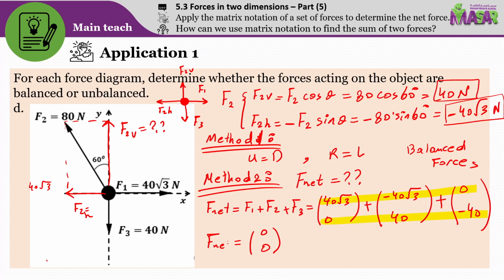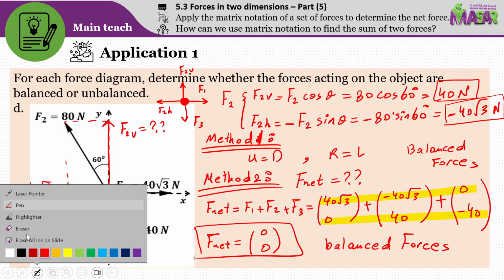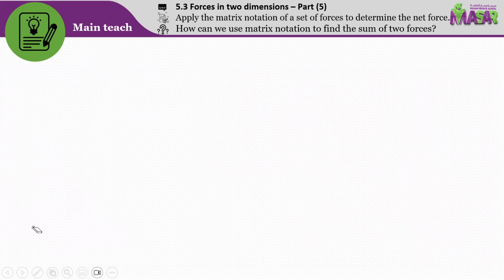So the F net is equal to 0, which means the system is under balanced forces: balanced along the horizontal and balanced along the vertical. Let me remind you that you can choose one of the two methods to solve the problem, and there is no need to use both methods to solve it.